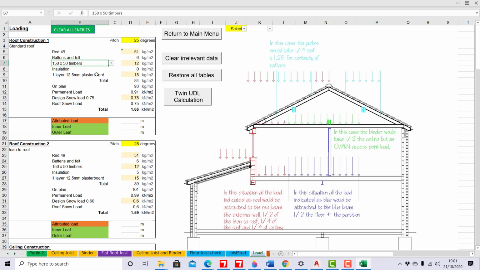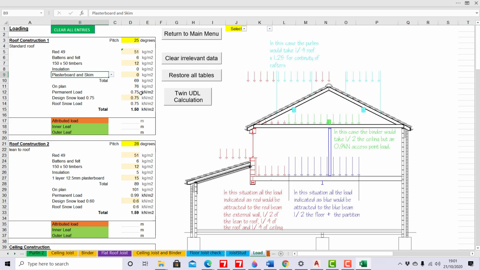One layer of plasterboard, but you could quite have anything up to 4 layers of plasterboard if it was a sound resistant ceiling. But it's only 1 layer in this case. Oh, sorry, there's no plasterboard on this. What am I talking about? It's a normal roof with no plasterboard. And there's the load on plan at 76 kilograms a square meter.